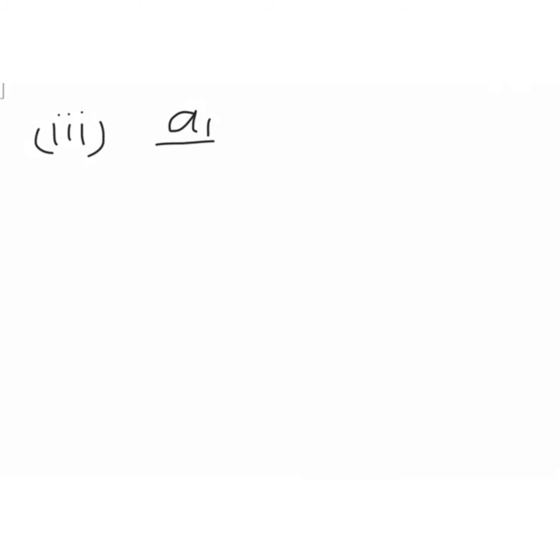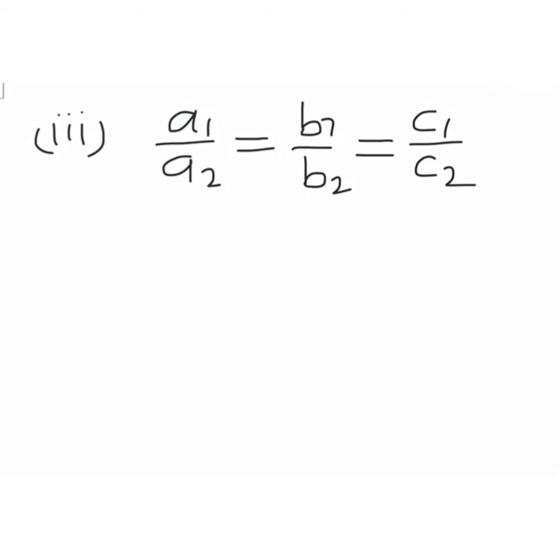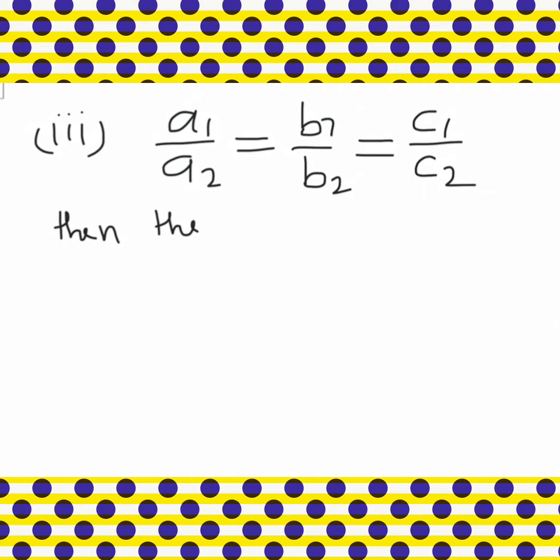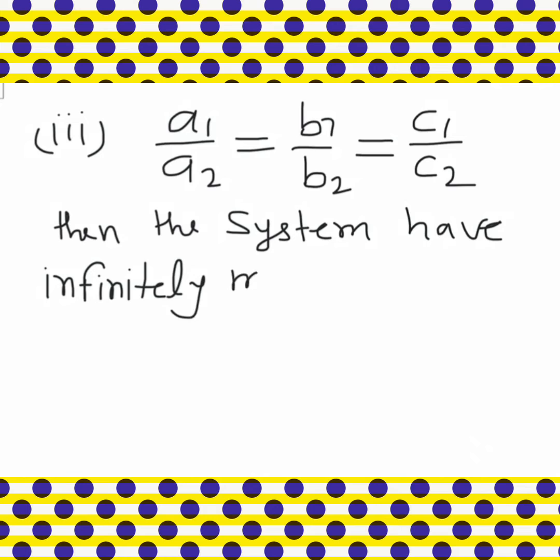Now the third condition. If a1 by a2 equals b1 by b2 equals c1 by c2, meaning all the ratios are equal, then the system has infinitely many solutions. So this is clear.